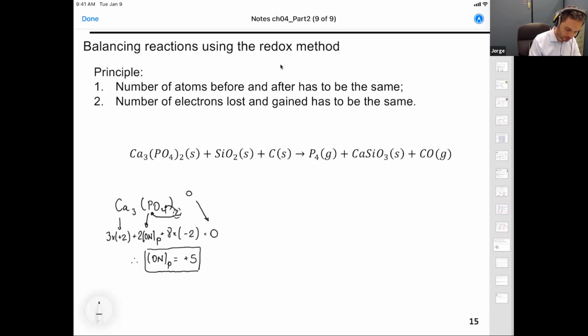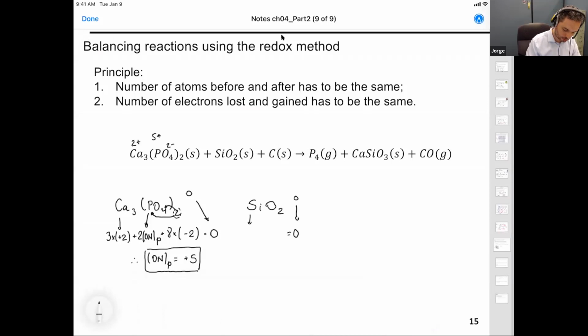Okay, so let me write here at the top the oxidation numbers. So 2 plus for calcium, 5 plus for phosphorus, and 2 minus for oxygen. And let's do the same thing with the silicon dioxide. No number outside, that means the sum of the oxidation numbers is equal to 0.